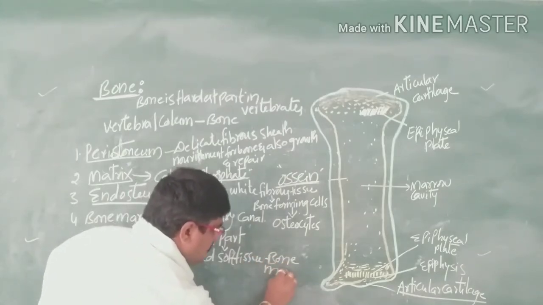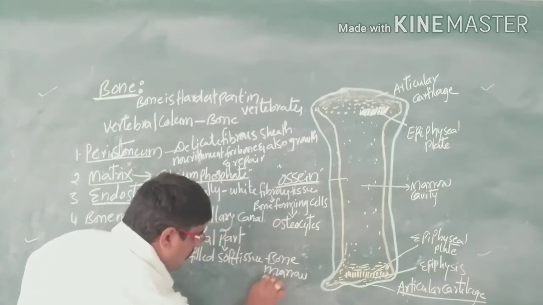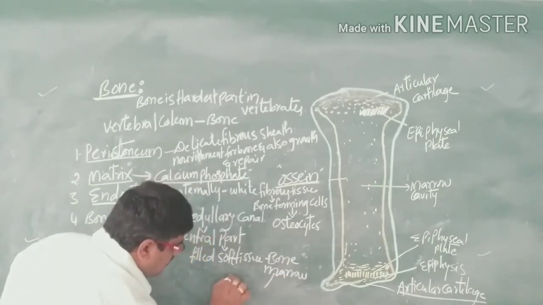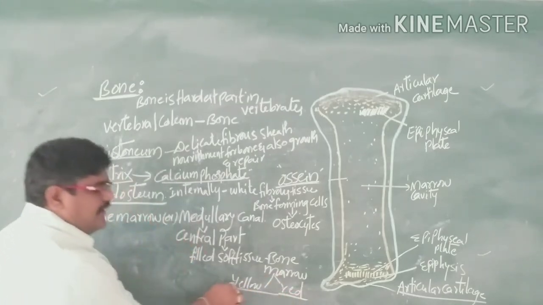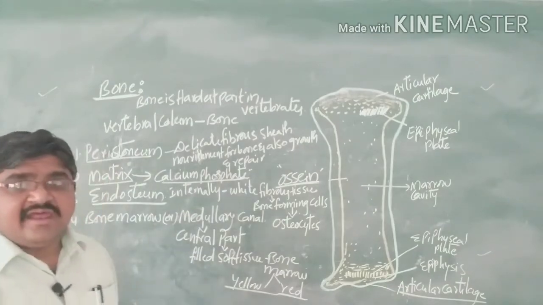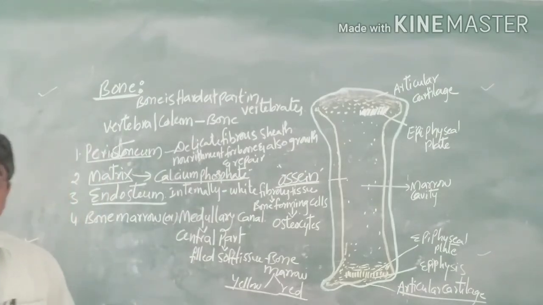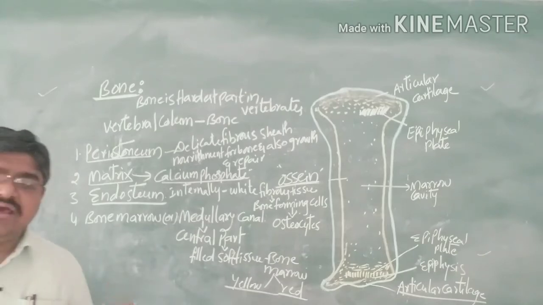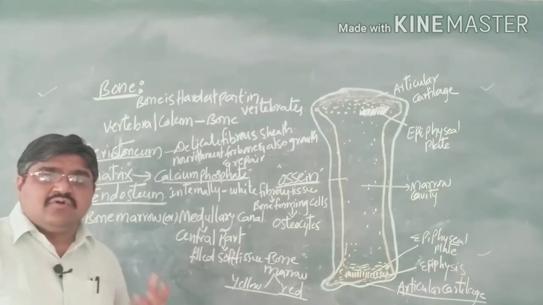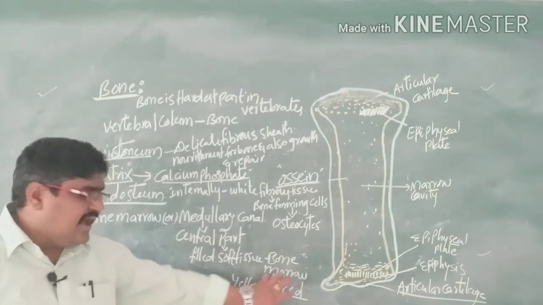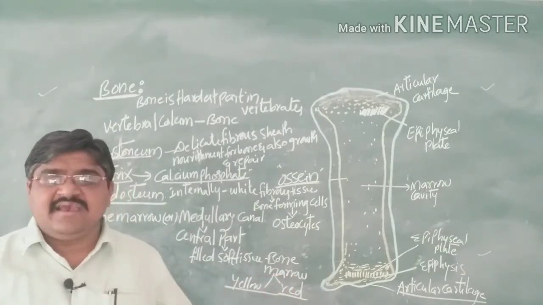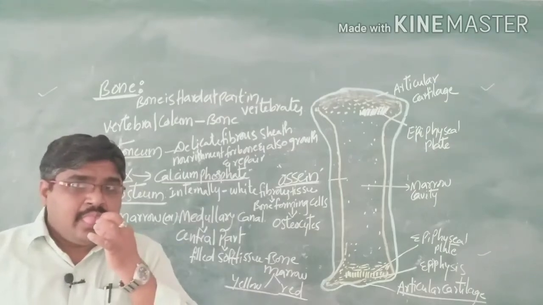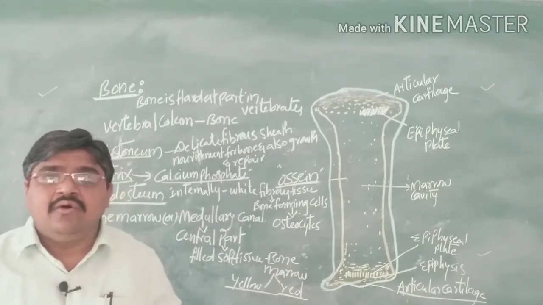Bone marrow is of two types: yellow bone marrow and red bone marrow. Most organisms have about half of the marrow as red bone marrow. As age increases, the red bone marrow is converted into yellow bone marrow.